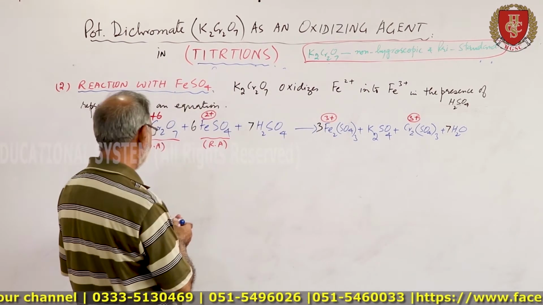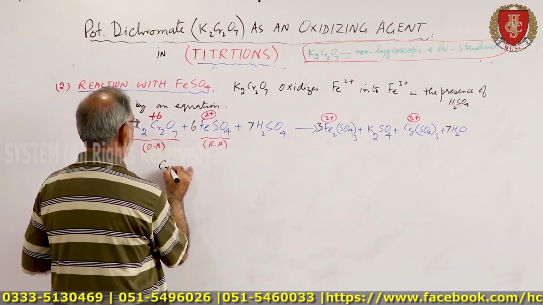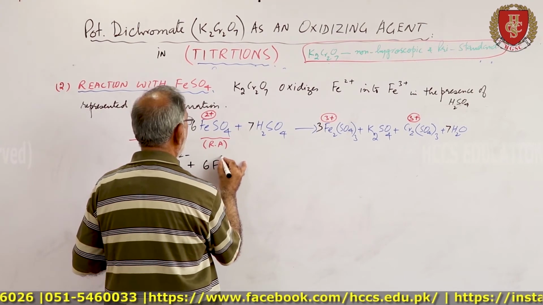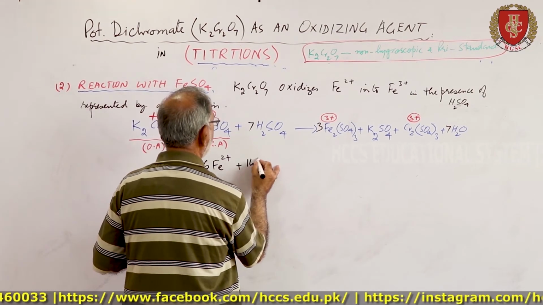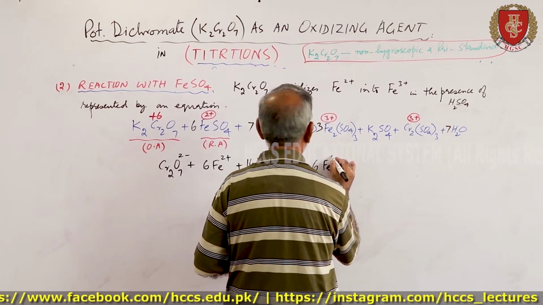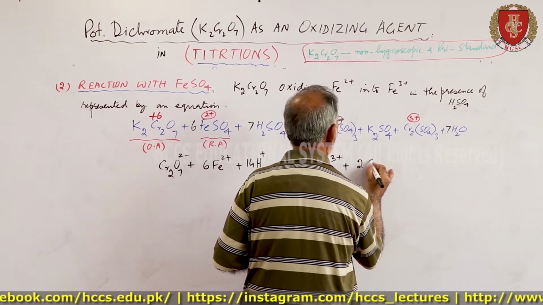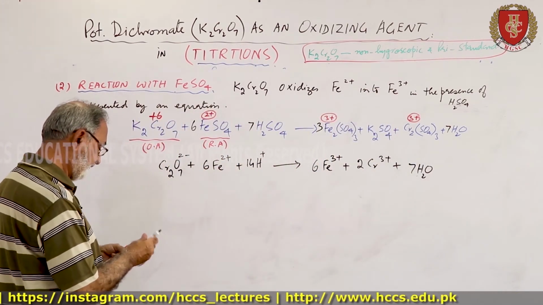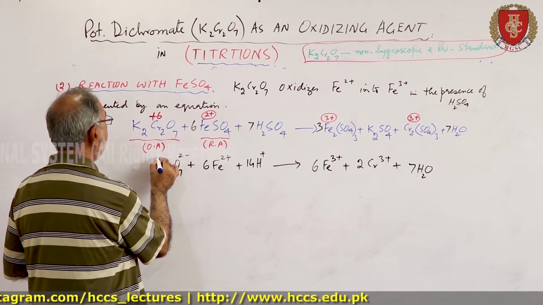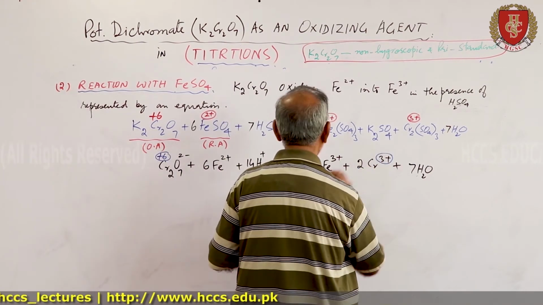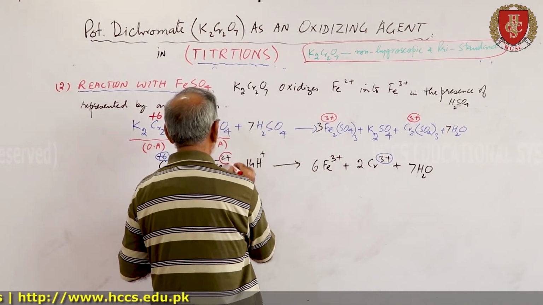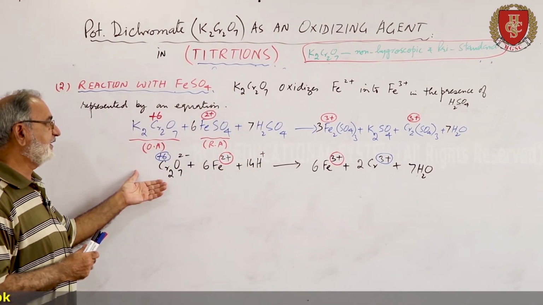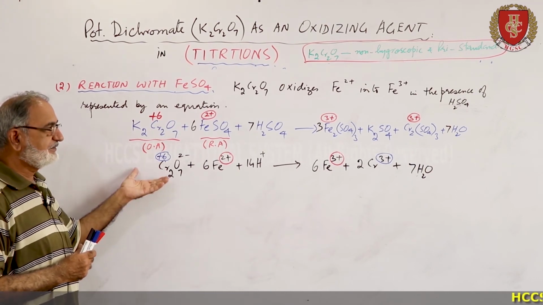So the ionic equation can be represented as Cr2O7 2 minus plus 6Fe2 plus plus 14H positive gives 6Fe3 plus plus 2Cr3 plus plus 7H2O. Here it is plus 6, here it is plus 3, and this plus 2 is changing into plus 3.